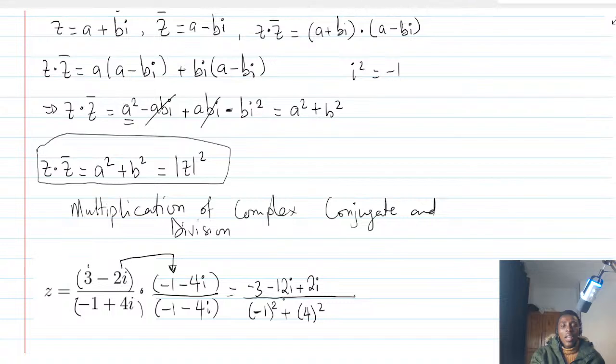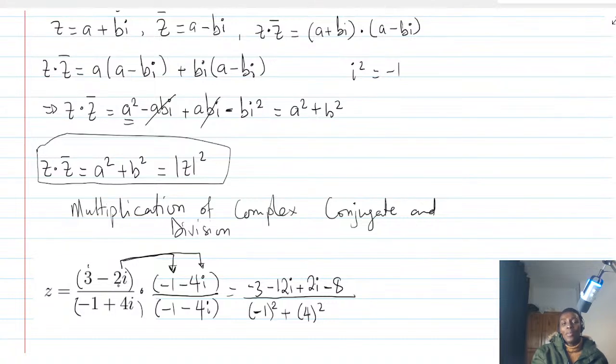And then -2i will go and multiply -4i, right? And that is what? 8i squared, which will be what? -8. Why is it -8?